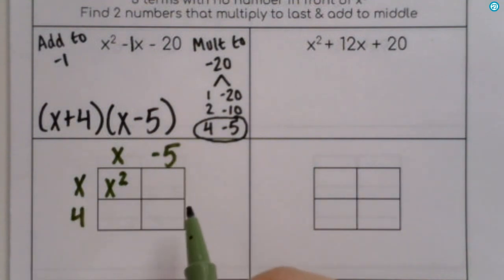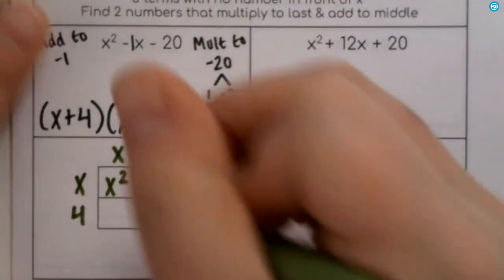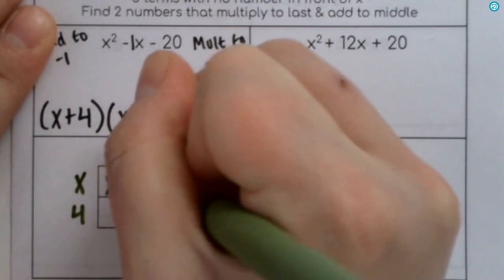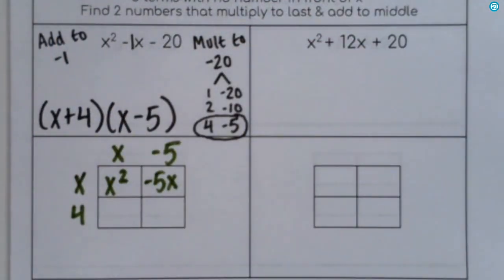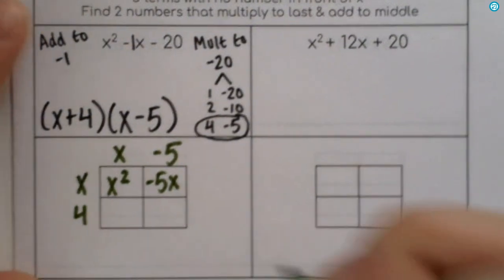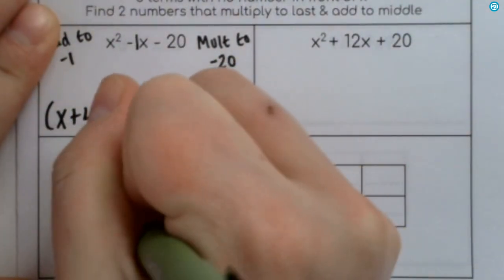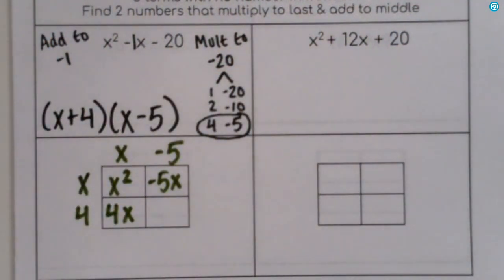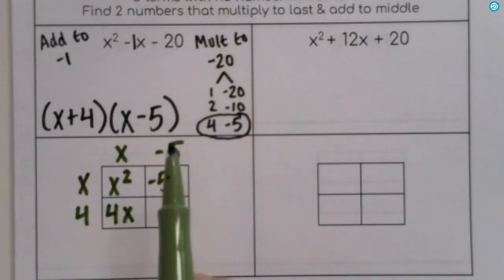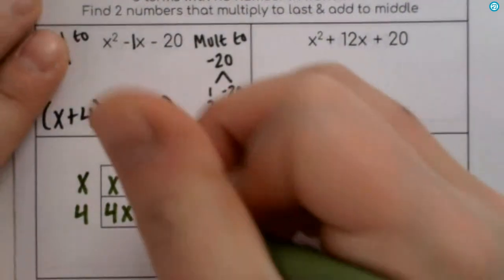X times -5 is -5x. Four times x is 4x. And 4 times -5 is -20.